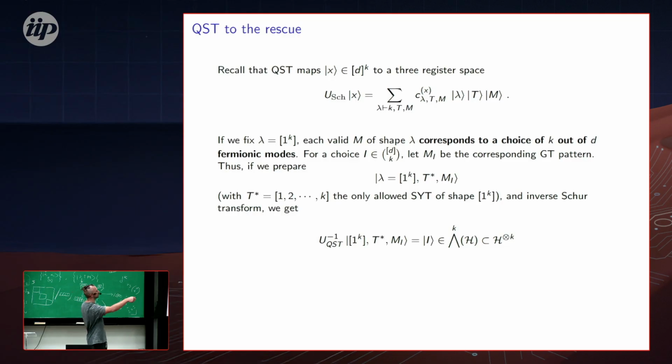There are three registers. I prepare the partition corresponding to completely antisymmetric S_N reps. Those are one dimensional, so T doesn't have much choice. This is the column of 1, 2, 3, up to k. And then for M_i, I choose the one corresponding to i, and then I apply the inverse Schur transform. I will get this linear combination of signed basis elements. That's the idea.